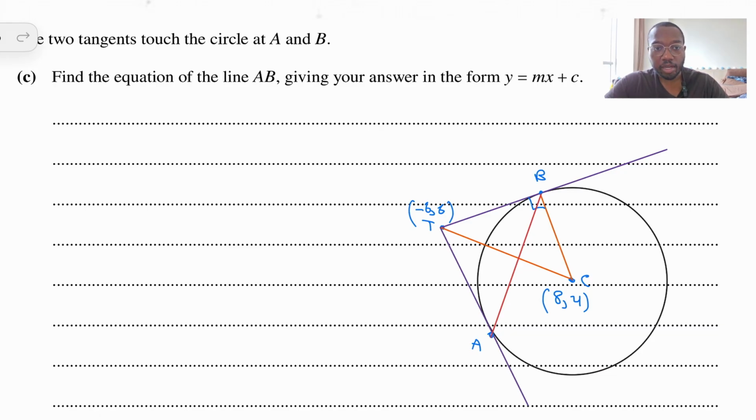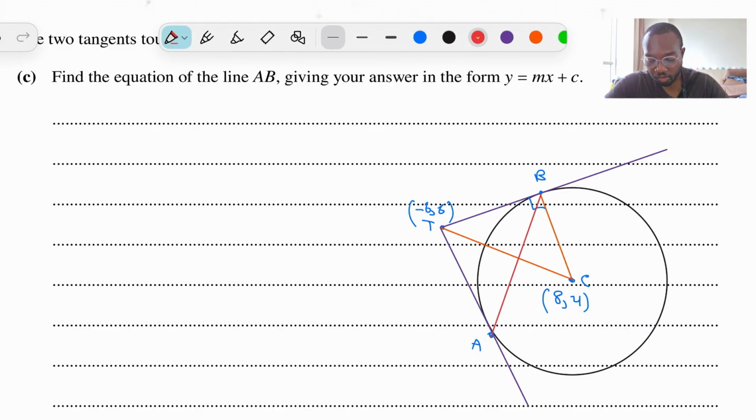So first thing we can work out is the gradient. We know that that line must be perpendicular to line CT. So if we look at the gradient of CT first, AB will be perpendicular to that. So let's work out the gradient of CT. It would be 6 minus 4, over minus 6 minus 8.